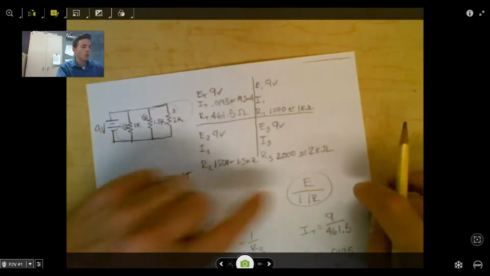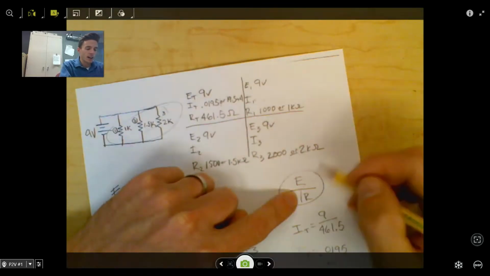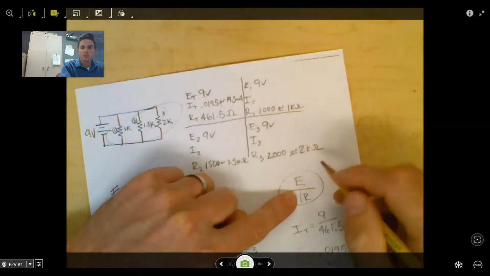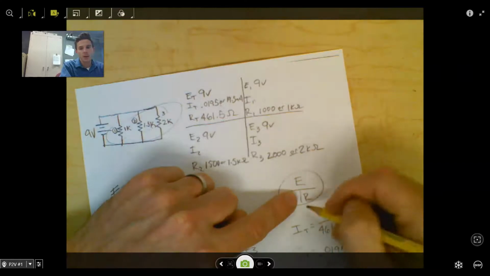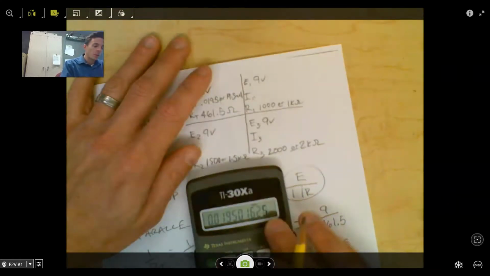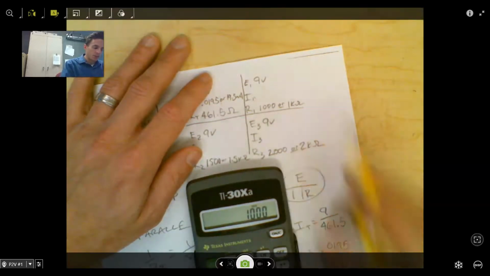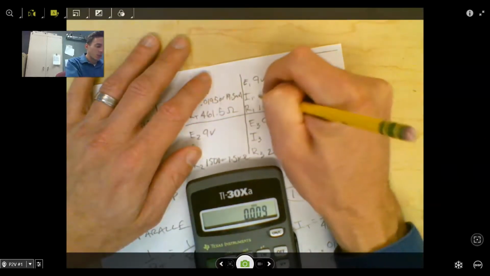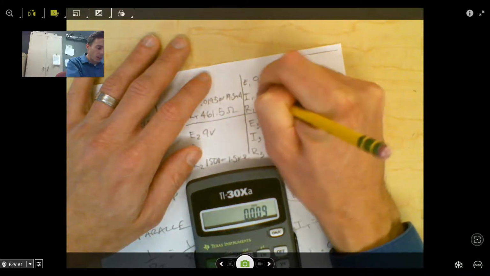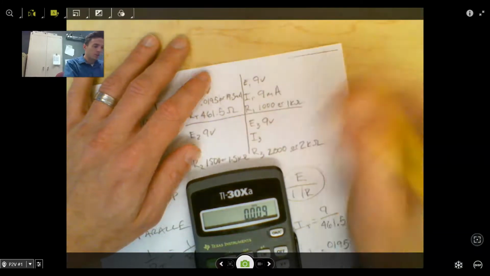So when we go through to calculate I, it's simply voltage divided by resistance. So we're going to say 9 divided by 1,000, right? We have to use our base number here. So that's equal to 0.009 or 9 milliamps.